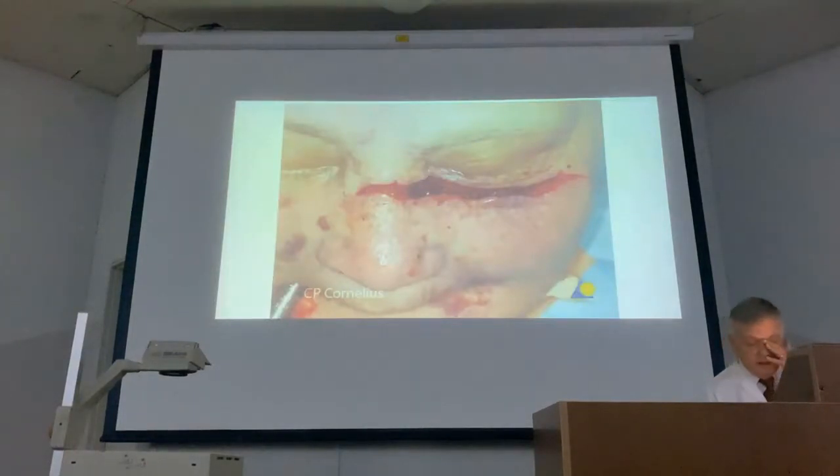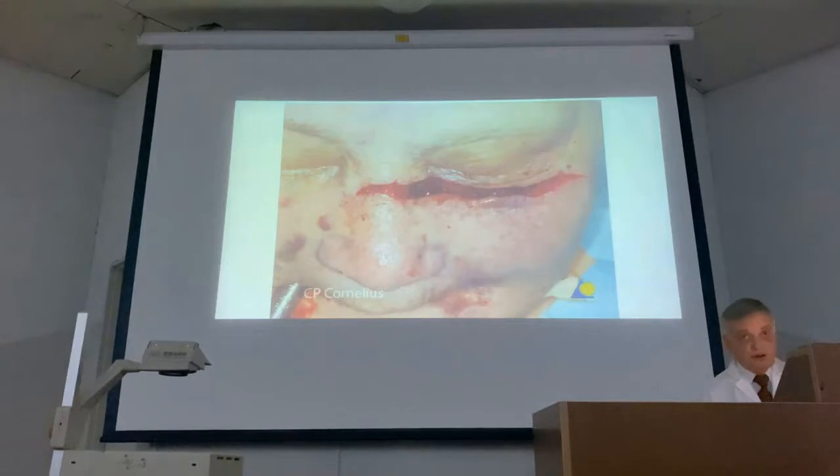And there are wounds in the face, especially from troublemakers slashing faces of people with knives. Now we want to suture this wound.